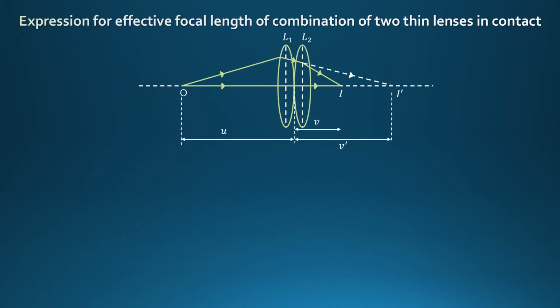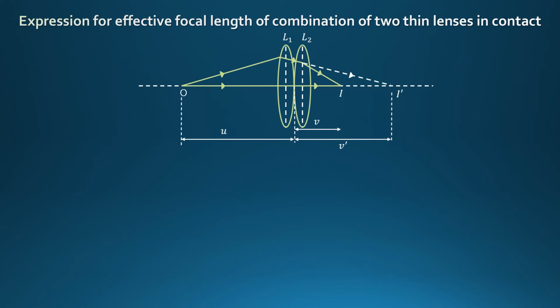Let's move on to another important derivation, that is the effective focal length of a combination of two thin lenses in contact. This is also asked many times as far as the examination is concerned: derive the expression for the effective focal length of a combination of two thin lenses in contact.